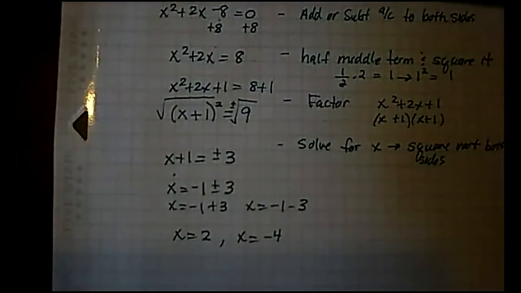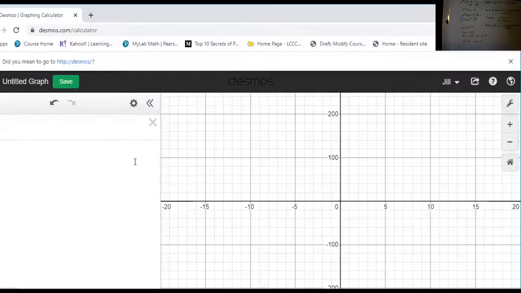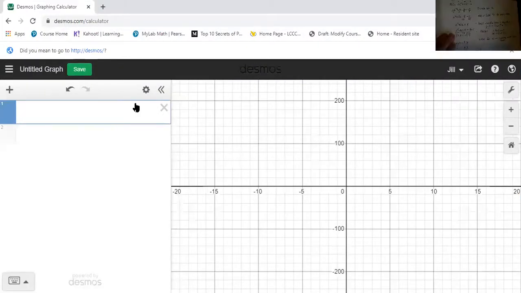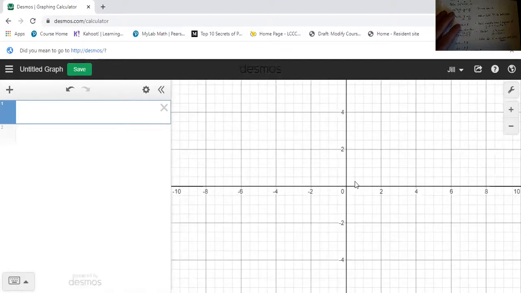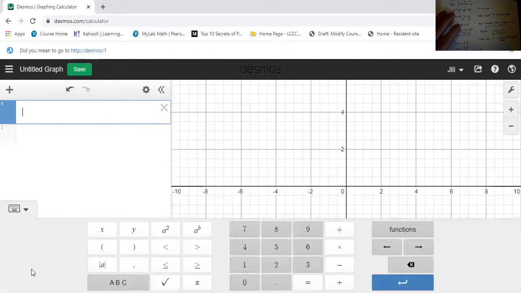All right, now I want you to take a look at this. I'm going to put this into my calculator, Desmos here. The original equation was 2x squared plus 4x minus 16. I'm going to hit this house button, and that takes it back to a standard graph.